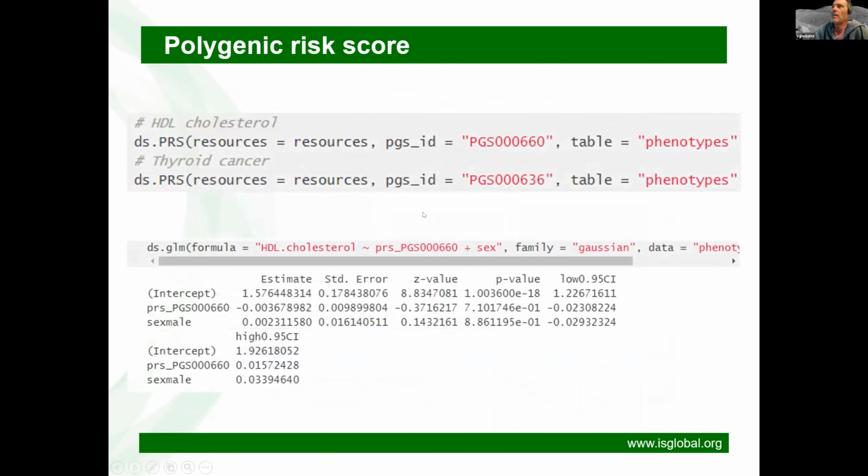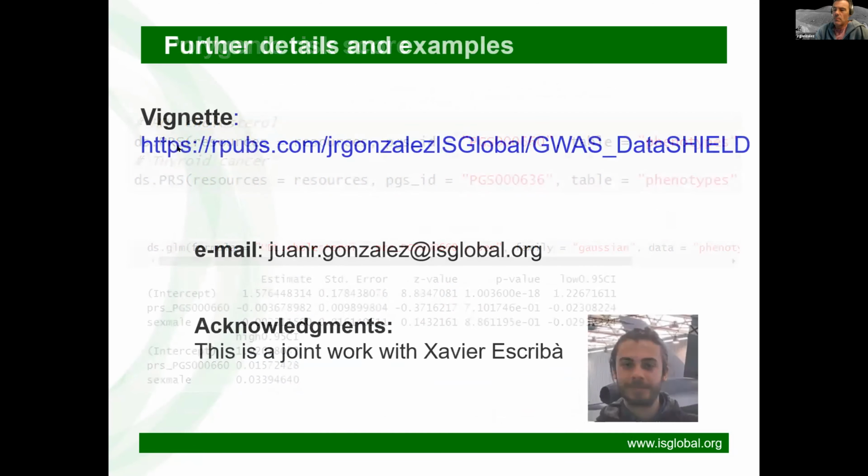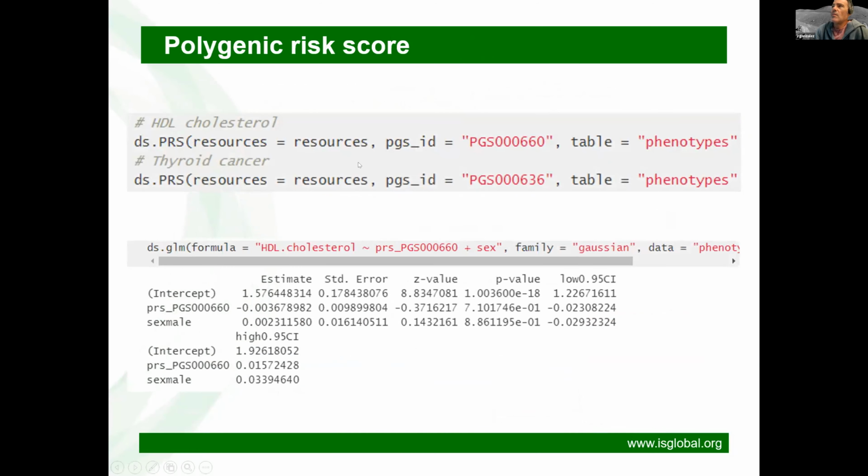And this is performed very simply in DataSHIELD. You use dsPRS to create this new variable. For example, you add to your resources the polygenic risk score corresponding to this PRS. You add this information to the table that is called phenotypes. So you will have a new column.